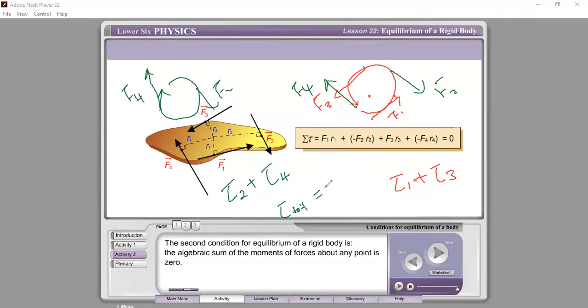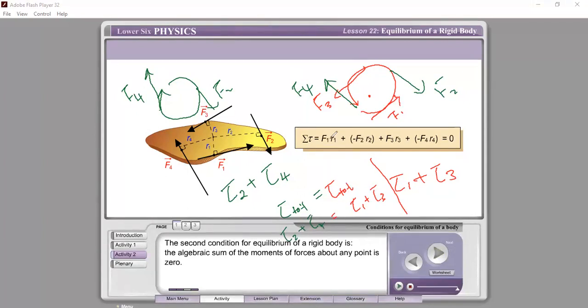So that means it will be total, if this system is in equilibrium. Torque 1 plus torque 3 equals the green color, which is torque 2 plus torque 4.